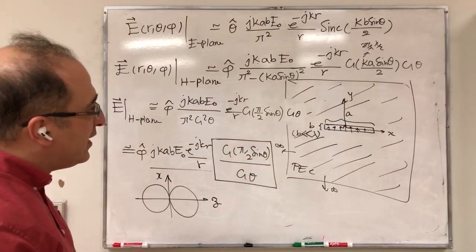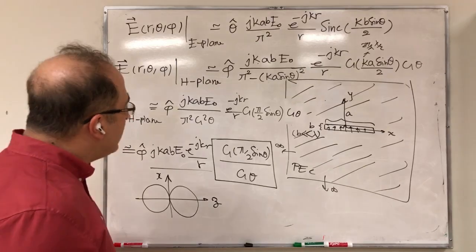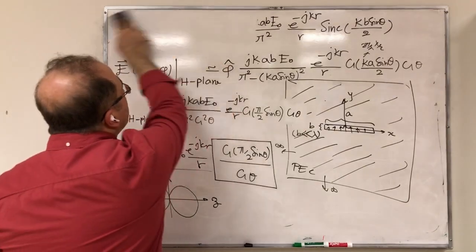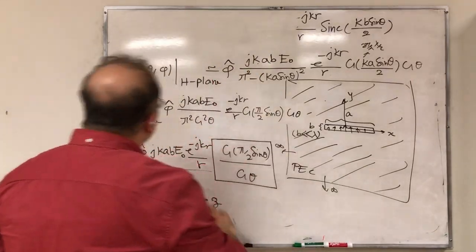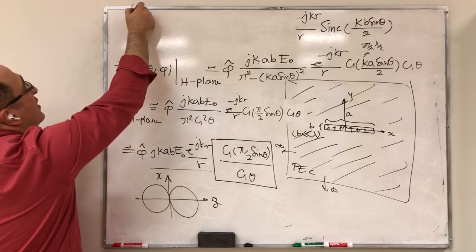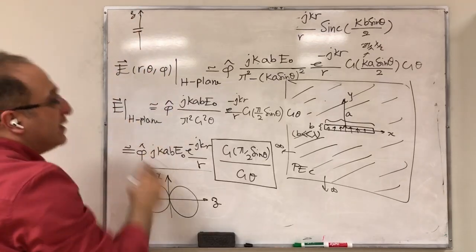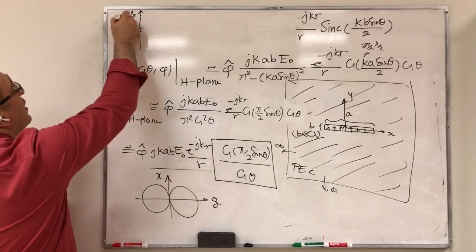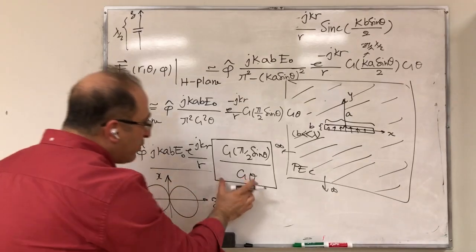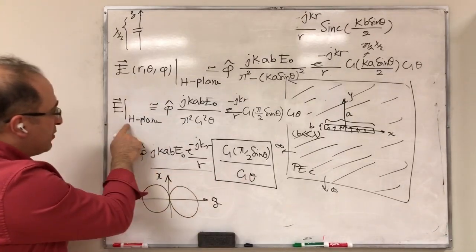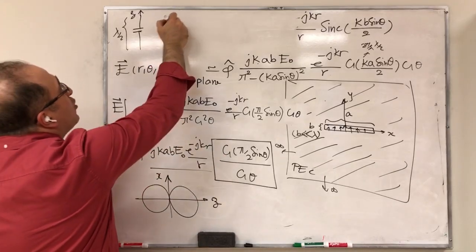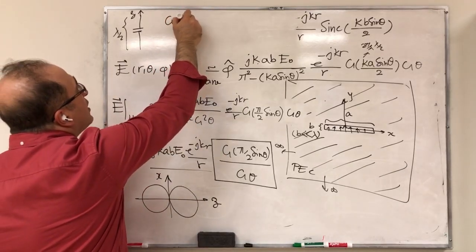If you look at the half a wavelength dipole in the textbook, you're going to see something like this. You're going to see a dipole, and in the textbook, the dipole is along Z when they study the half a wavelength dipole. And let's assume this is half a wavelength. And look at its pattern. The pattern in the E plane, remember this is the H plane, but for the dipole it would be the E plane.